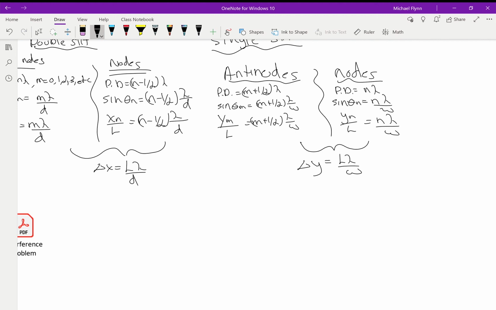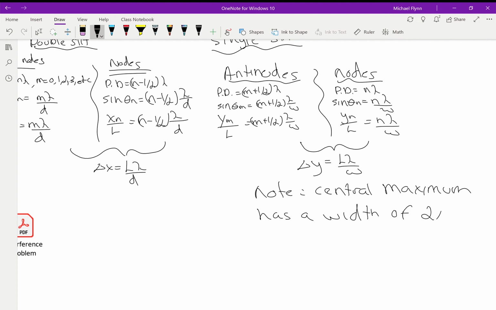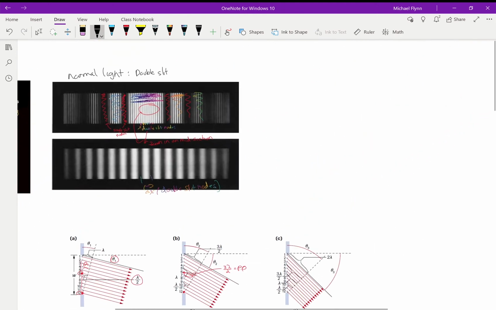One more thing, note that the central maximum or antinode has a width of 2 delta y's. You'll notice it's wider in the middle than all the other antinodes in the pattern, whereas in the double slit pattern, they're all the same. All right, so let's go to these pictures and let me show you what I mean.